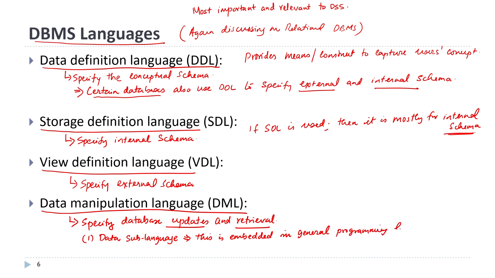For each programming language, let us say C, C++, Fortran, Python, Perl, PHP, whatever the programming language, the data sublanguage means whatever specific sublanguage is associated with that programming language. What is the purpose of it? The purpose is to do data manipulation. And what is data manipulation? Data manipulation is updates and retrieval of the data. Okay. The purpose is to do data manipulation.